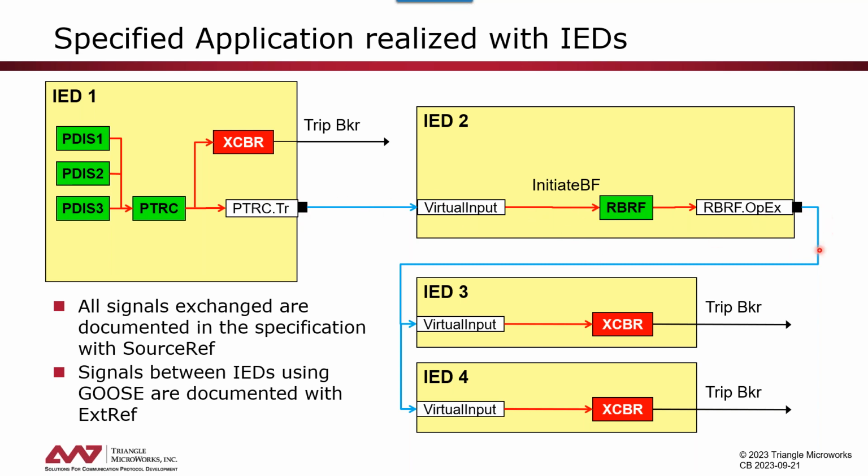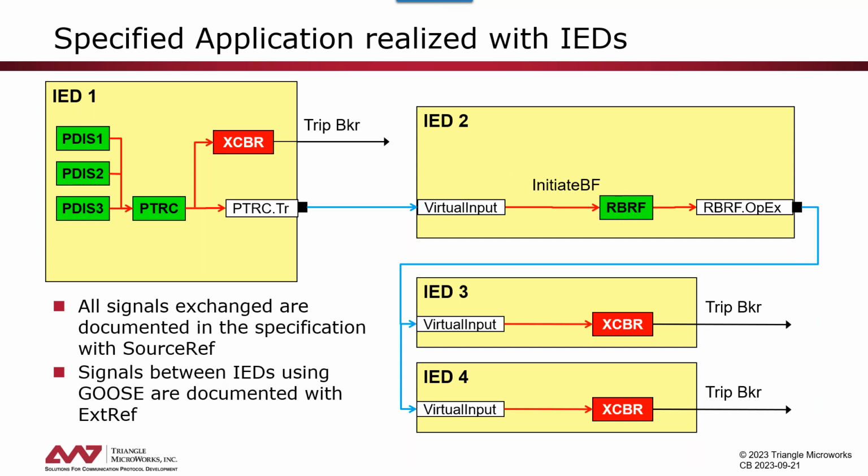The blue ones have now been translated into a GOOSE message. All the signals are documented with the SourceRef in the substation section. The blue ones that are between the devices are documented with a NextRef in the IED section associated in the specific IED that implements this logical node.